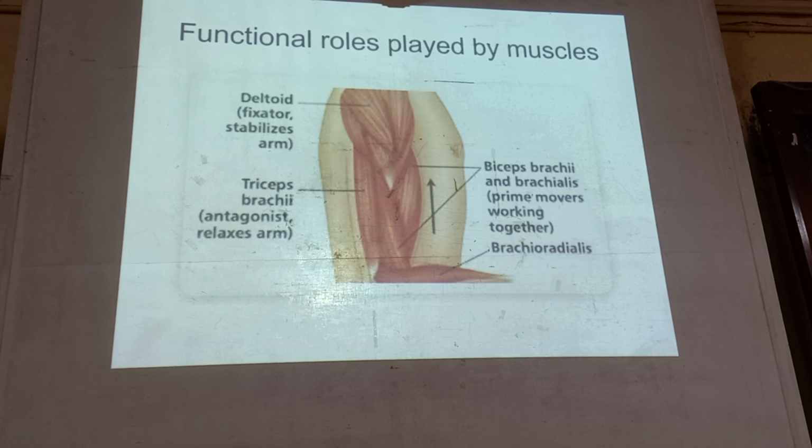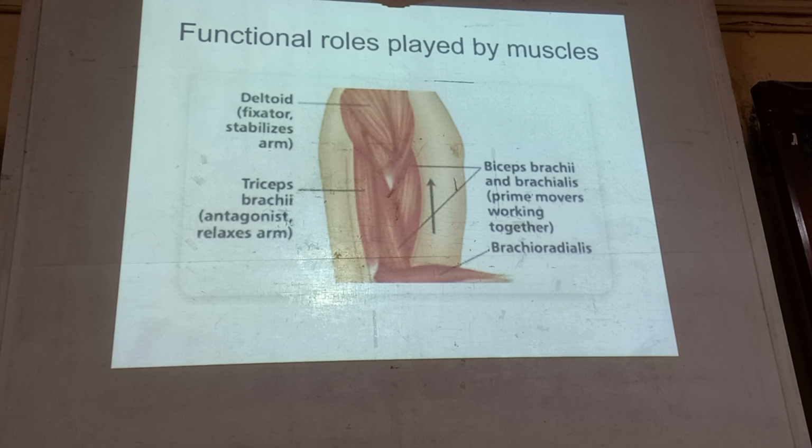So when the prime mover is acting at a distal joint, the muscle which stabilizes the origin of the prime mover is called the fixator muscle, to make the prime mover more efficient.